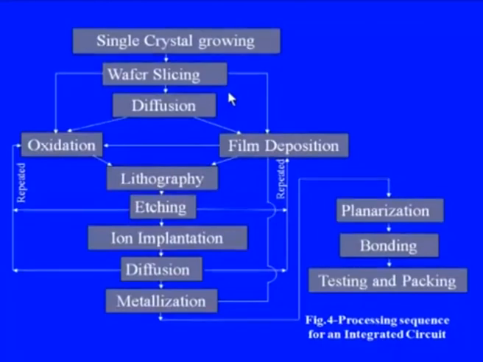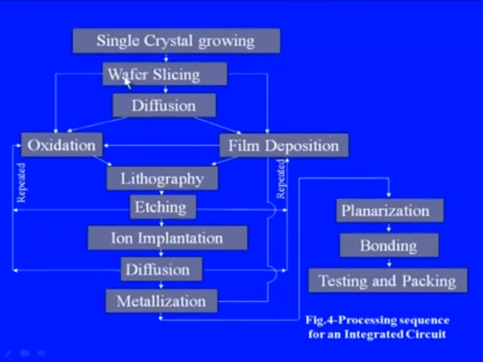Followed by this, each sliced wafer should be diffused, then oxidized, then film deposition has to be done, then lithography, etching, ion implantation, and so on, as shown in the figure. The sliced wafer may or may not require diffusion. This is a generalized scheme.